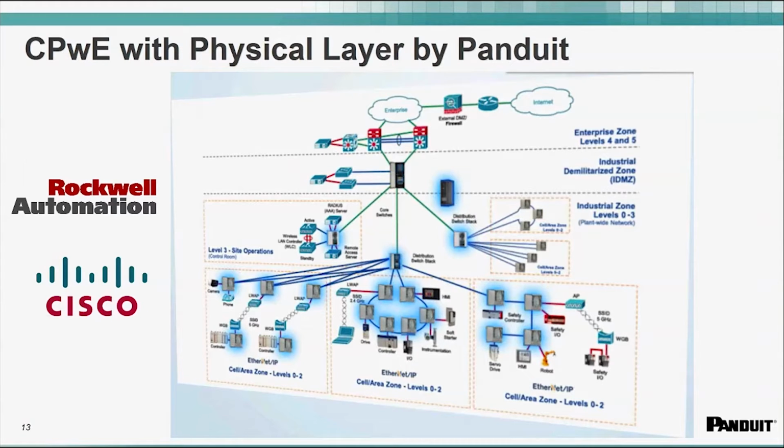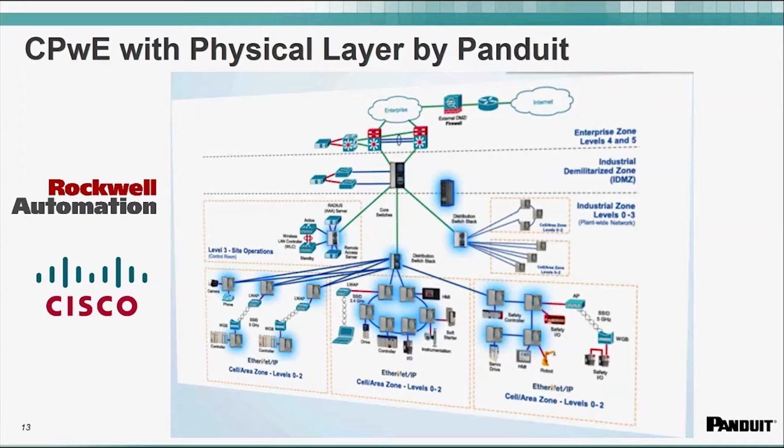This is the CPwE reference architecture with network building blocks included. You may recognize that this is based on the campus model of core, distribution, and access. It also shows the typical network topologies like star, ring, and linear with industrial automation control system equipment, including wireless.